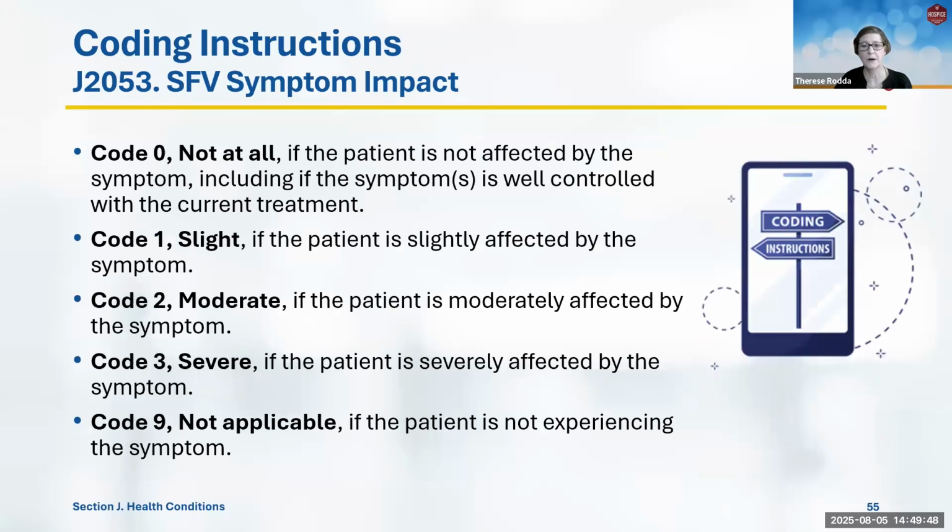The same coding options found in J2051 are used for this item. Code 0, not at all, if the patient is not affected or well controlled with a current treatment. Code 1 for slight, Code 2 for moderate, Code 3 for severe, or Code 9 not applicable if the patient is not experiencing the symptom at all.